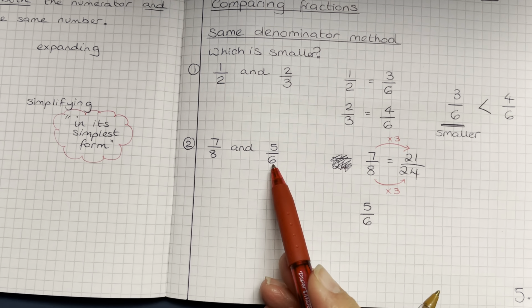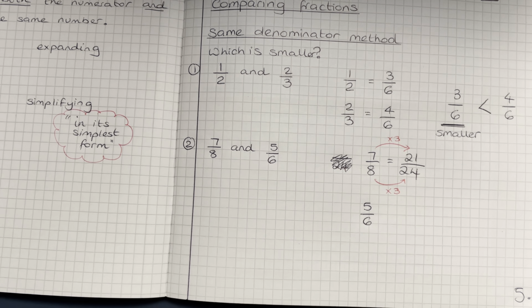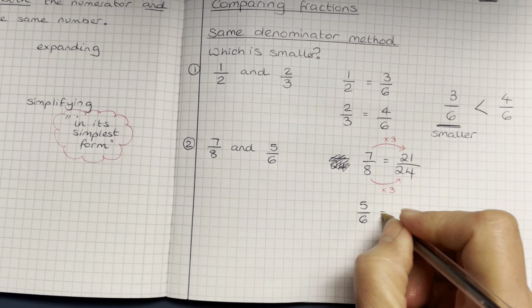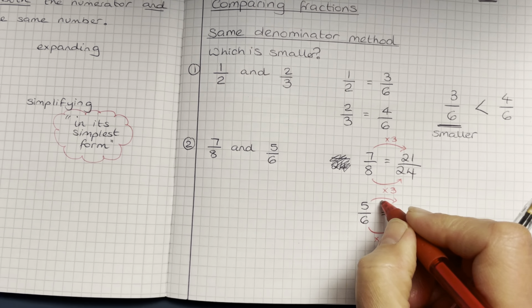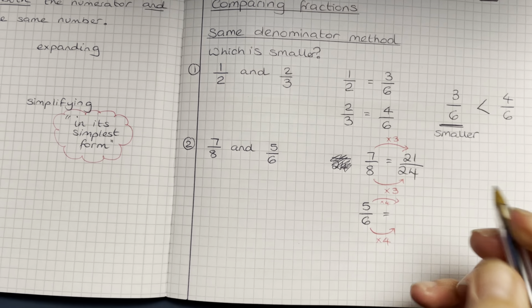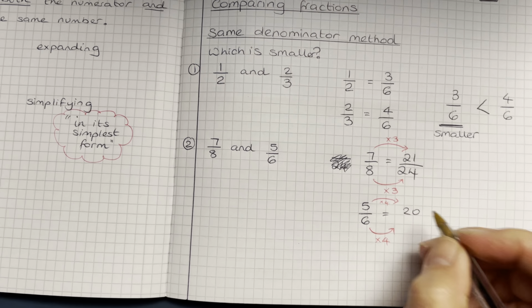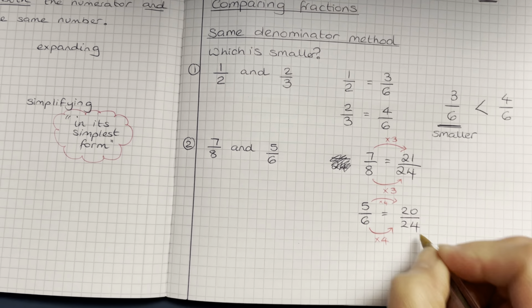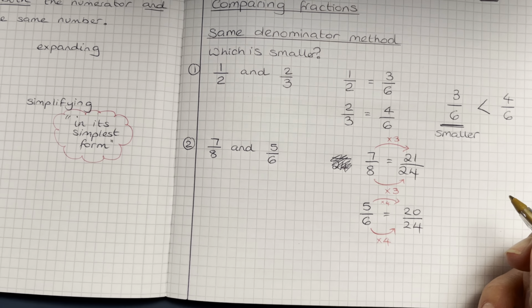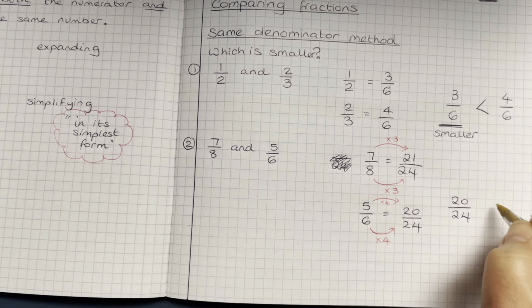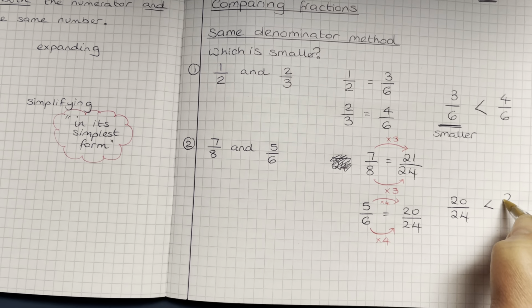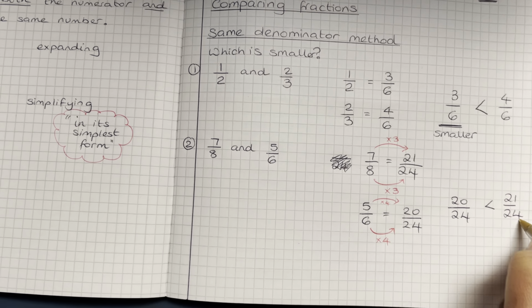To get from 6 to 24, I need to multiply by 4. So I'm multiplying my denominator and my numerator by 4. 5 multiplied by 4 gives me 20. 6 multiplied by 4 gives me 24. I can therefore see that 20 over 24 is less than 21 over 24.